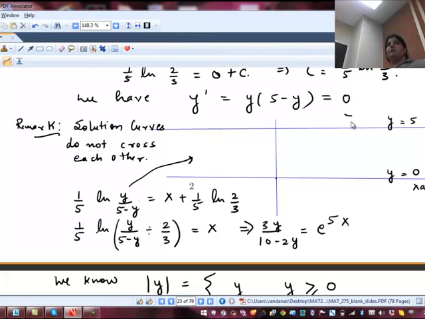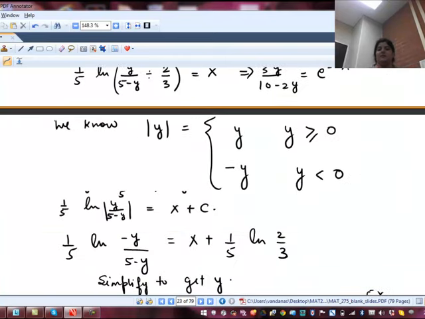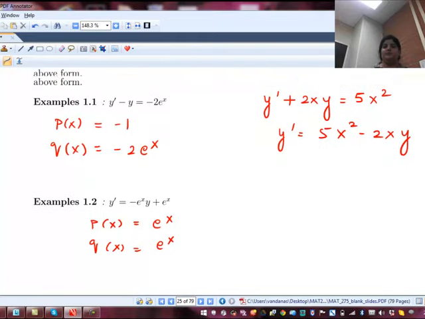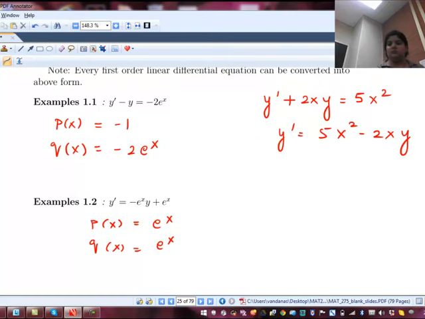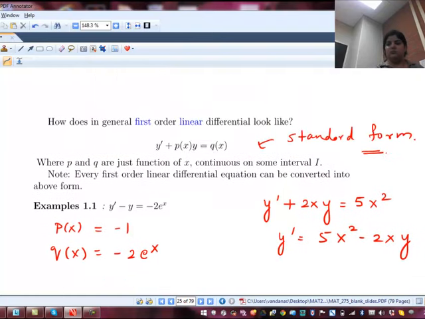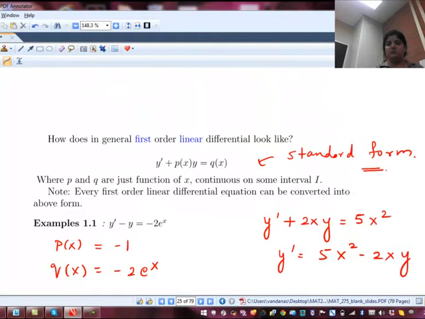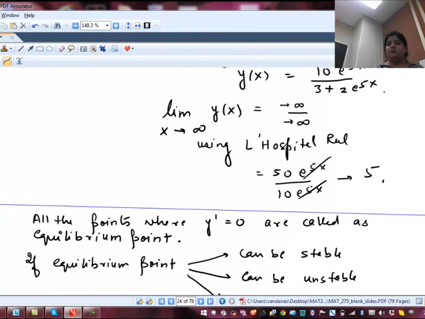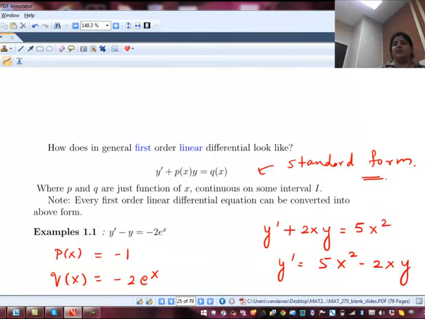That's one question. Now coming back to y equals 0, with this expression here, by the nature of the slope you can figure out whether it's stable or unstable.